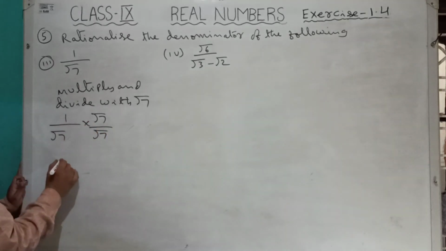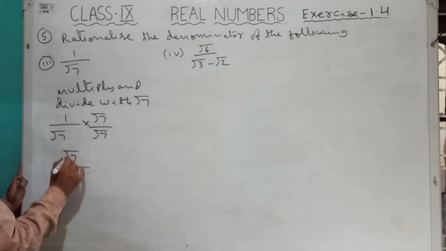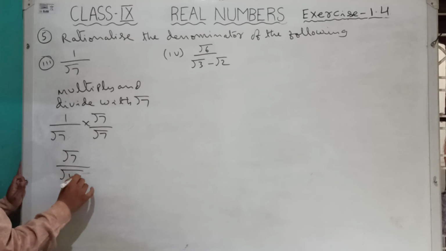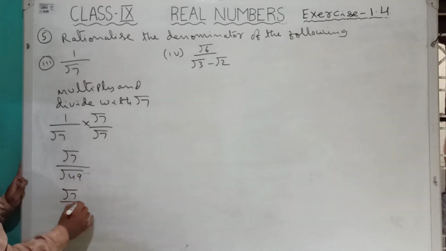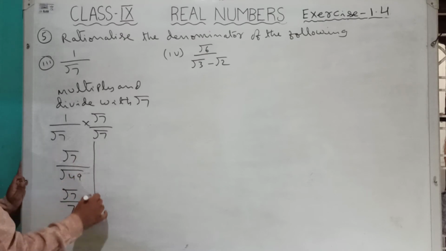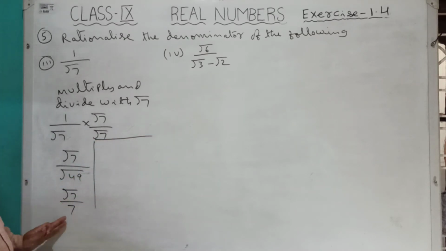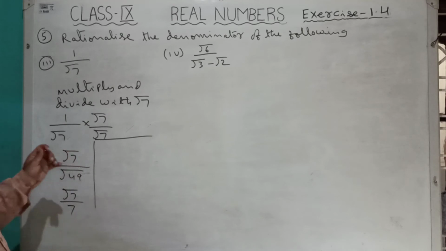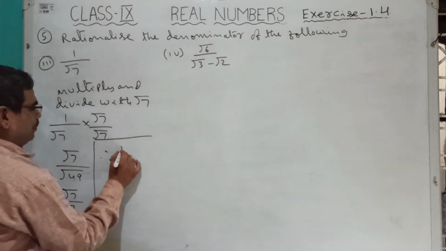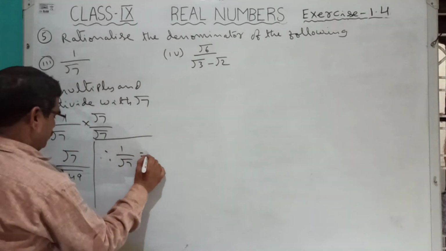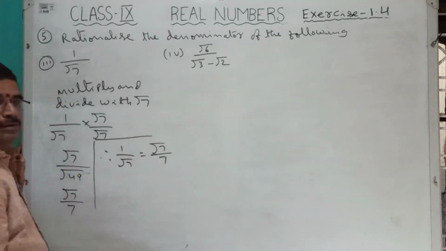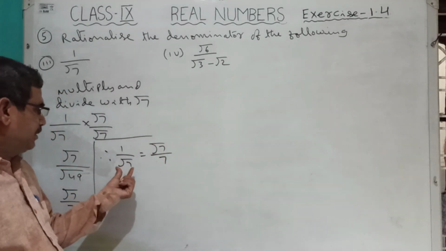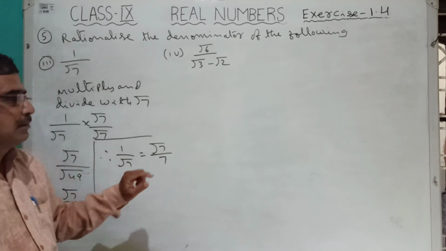So 1 into root 7 means root 7 by root of 49. That is equal to root 7 by 7. So in denominator rational number is there. Therefore 1 by root 7 is equal to root 7 by 7. I am converting denominator to rational number.